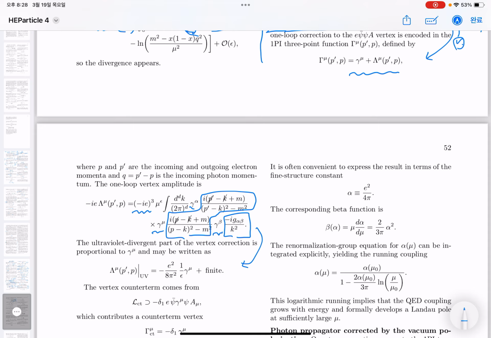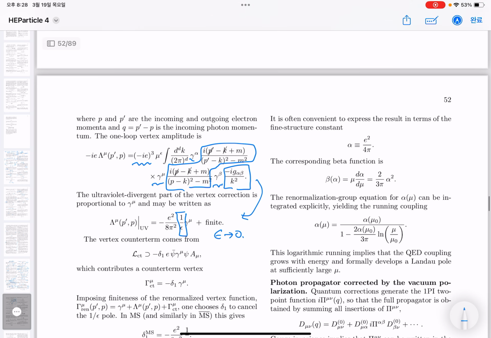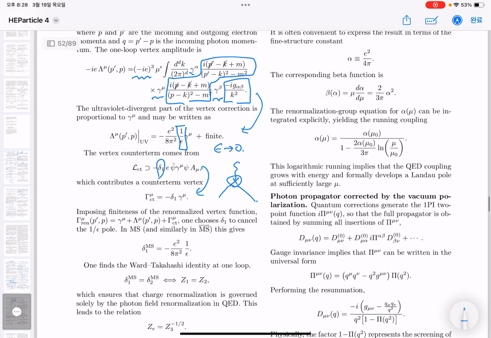The divergent part is also represented by one over epsilon in dimensional regularization, as we take epsilon to the zero limit. And similarly, the counter term delta 1 contributes an additional vertex here, and this will cancel the divergence coming from the loop diagram. In the MS or MS-bar scheme, delta 1 is now determined.